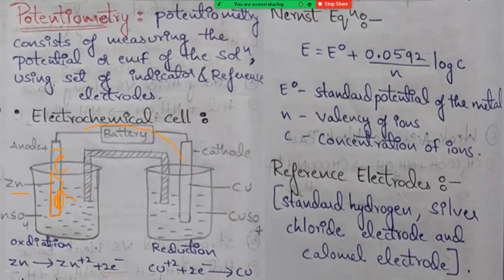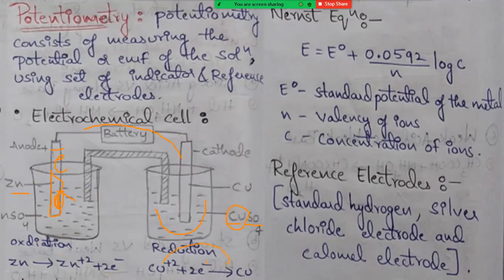Now this cathode is placed in the copper sulfate solution, which is having copper ions and sulfate ions, Cu plus 2 ions and SO4 minus 2 ions. So these Cu plus 2 ions will be taking these 2 electrons and converting into Cu, that is copper.